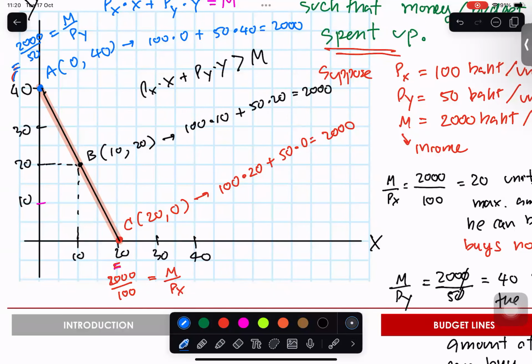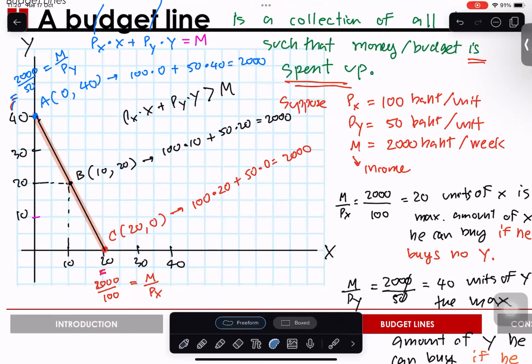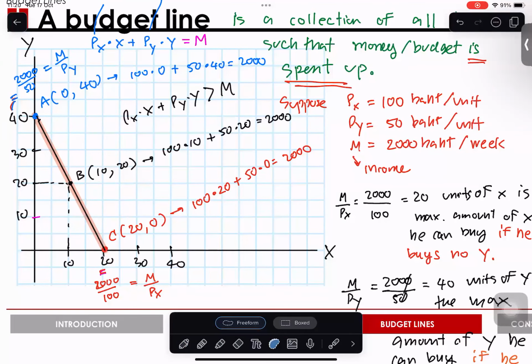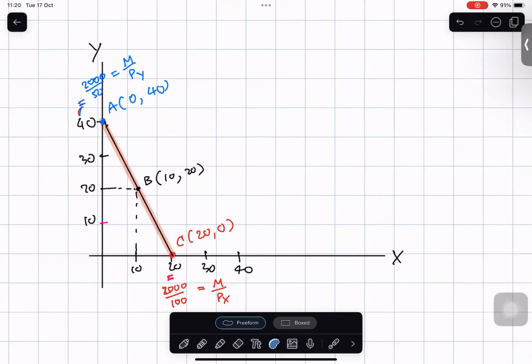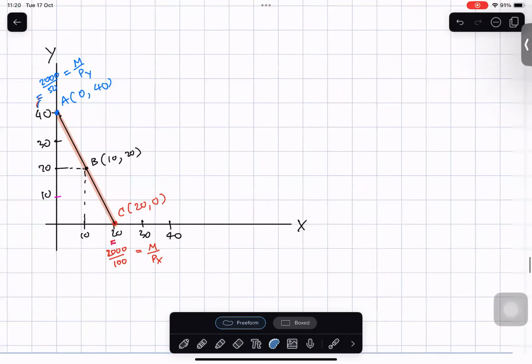Now, I'm going to copy this. Because it has become messy already.